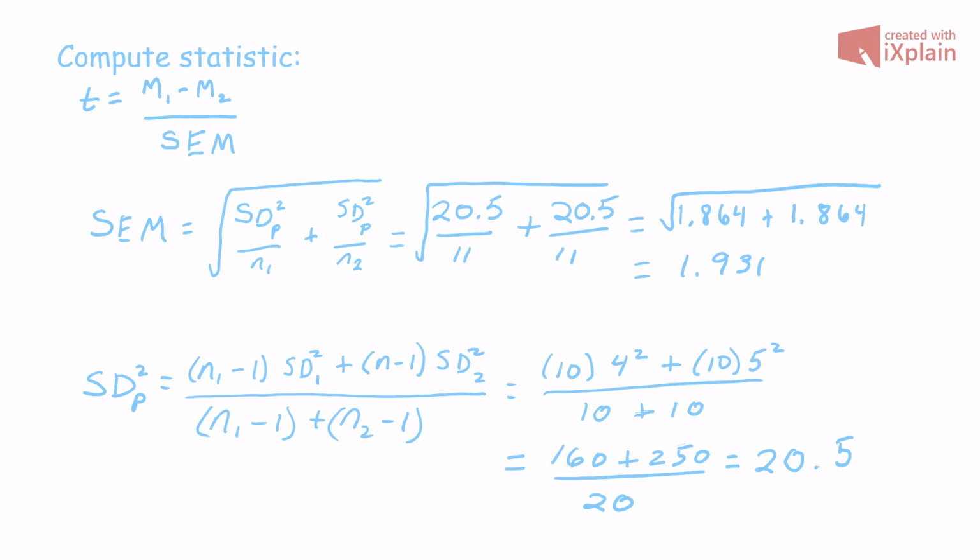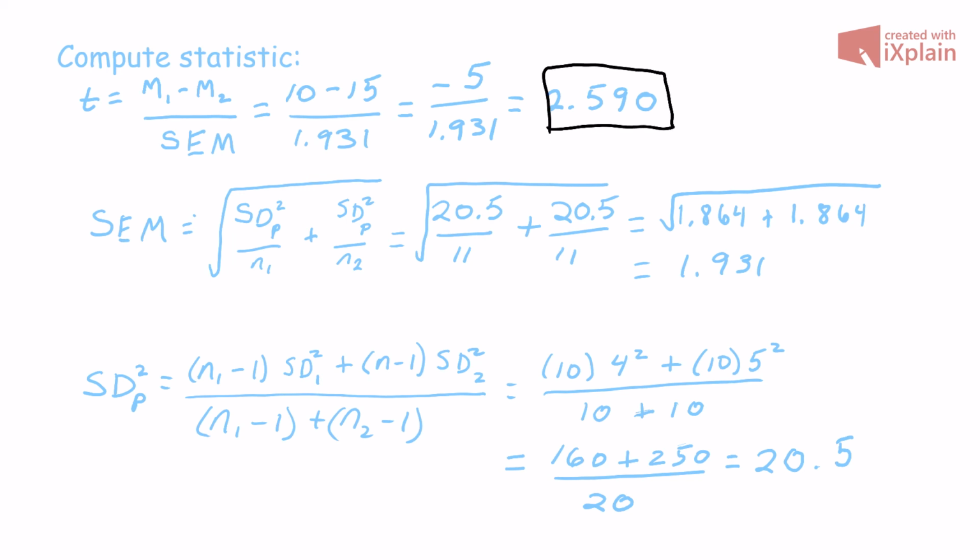So we take that number and we substitute into the equation above. So this is the mean from group 1, the mean from group 2, and then the sampling error. When we run through those numbers, we find an obtained t-value of 2.59. That is the obtained t-value.